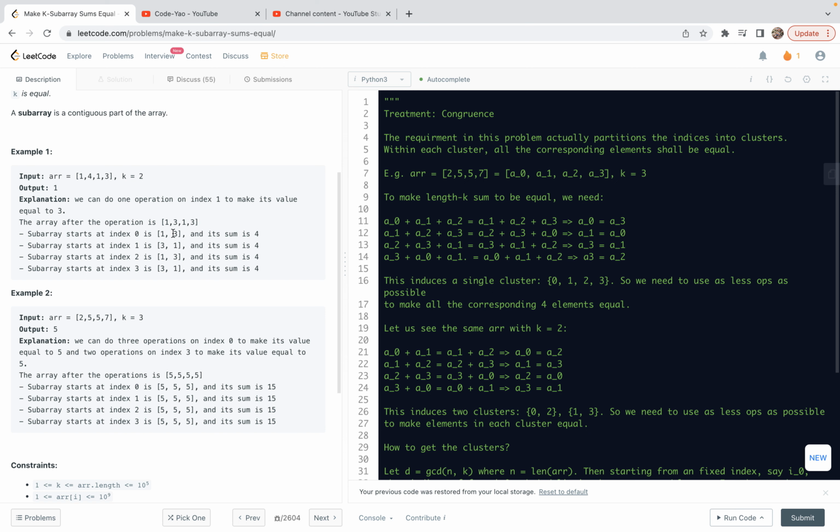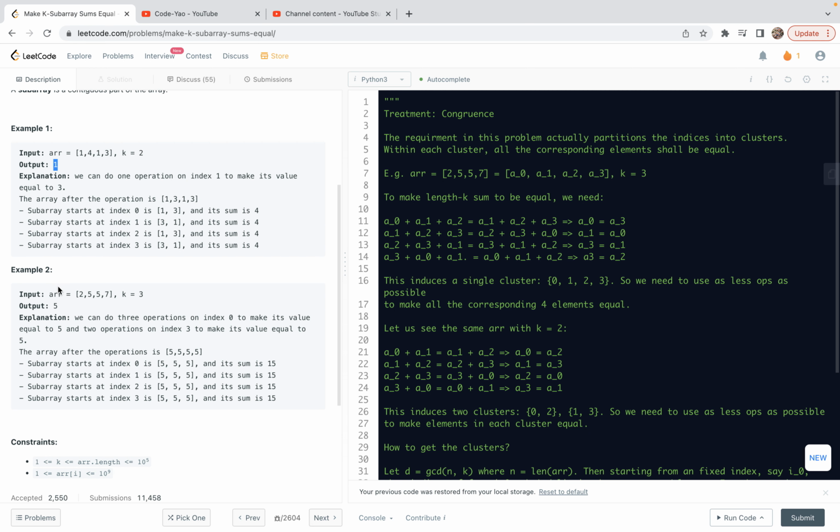And here are two examples. In the first example, we can change 4 to be 3. Then the length 2 subarray sums are all 1 plus 3, that is 4, right? So we need one operation. That's why the output is 1.